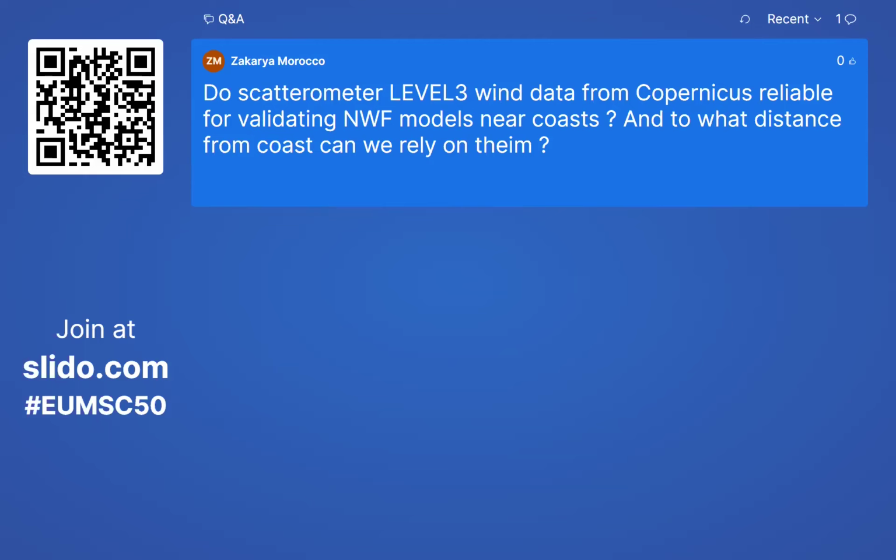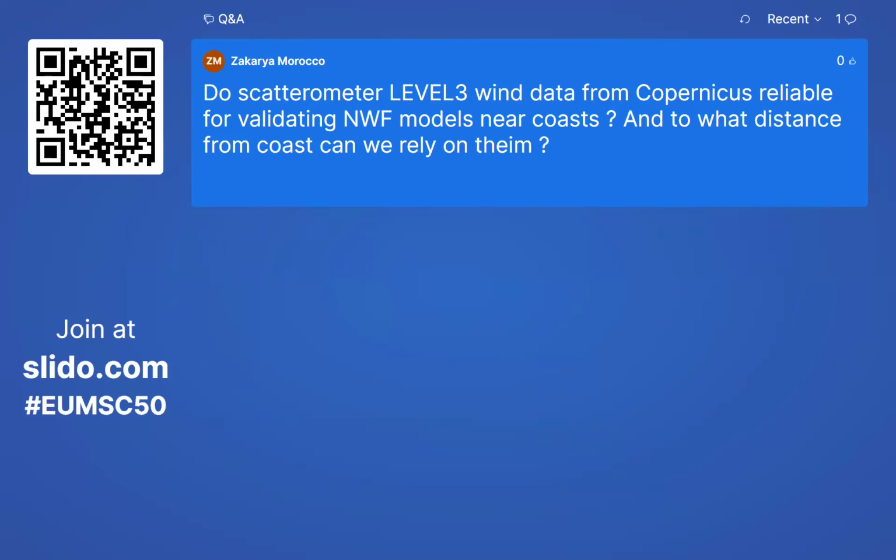So we think we really are able to provide the winds close to the coast, while on the other hand, in comparison with numerical weather prediction models, we often see that the models tend to already see the coast before they actually get there. So they are probably more sensitive to the distance to the coast.